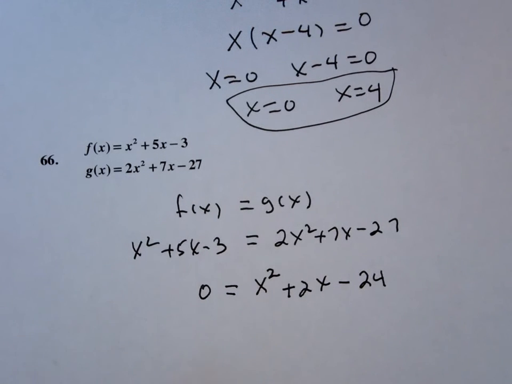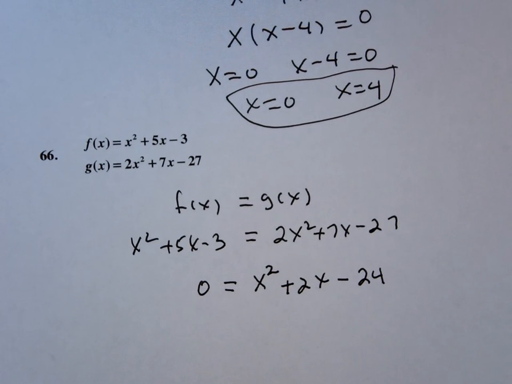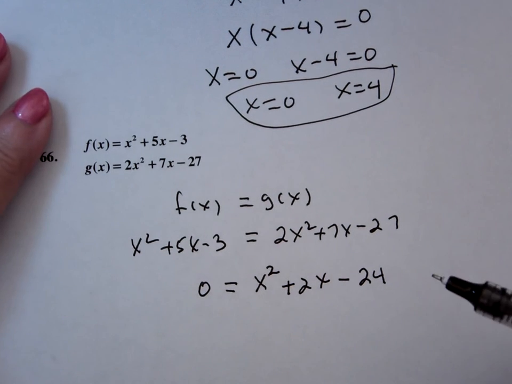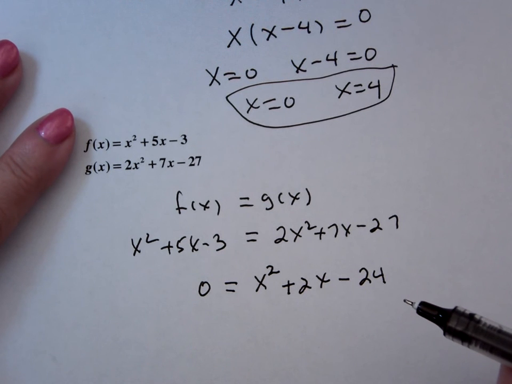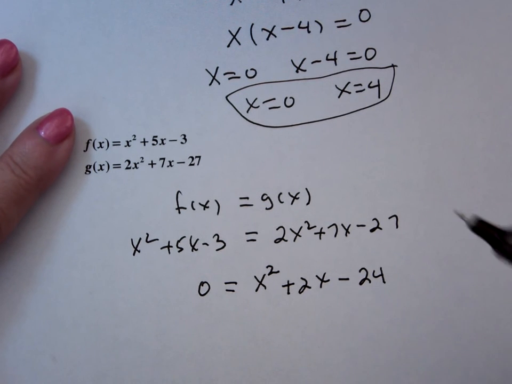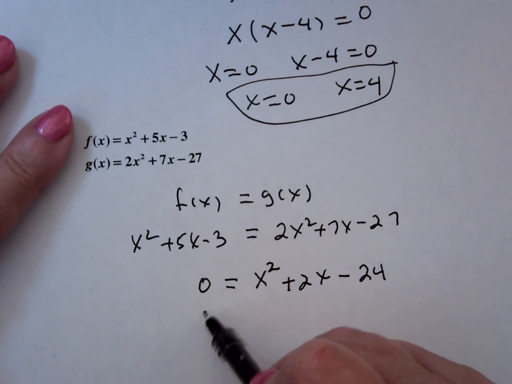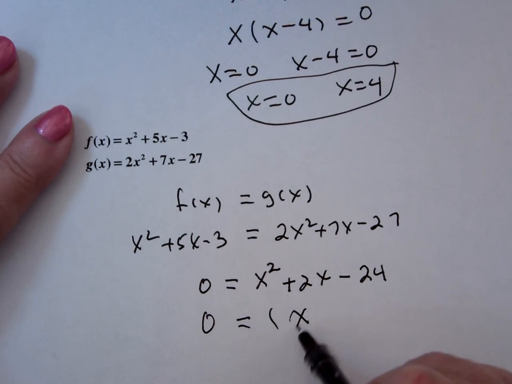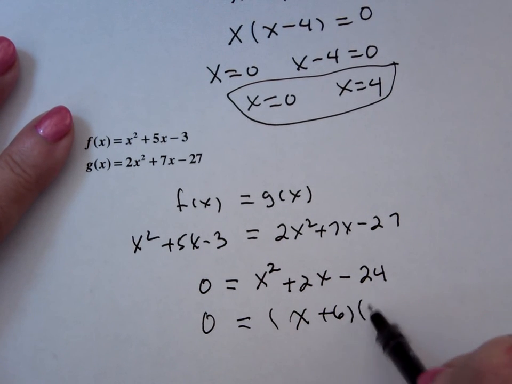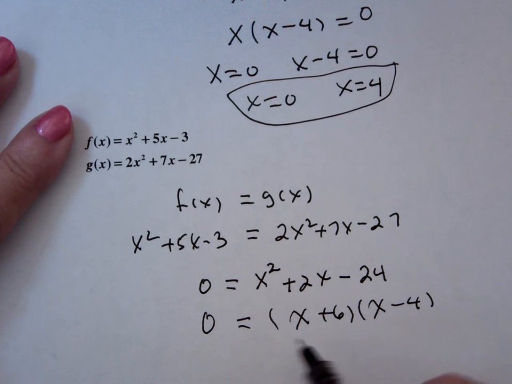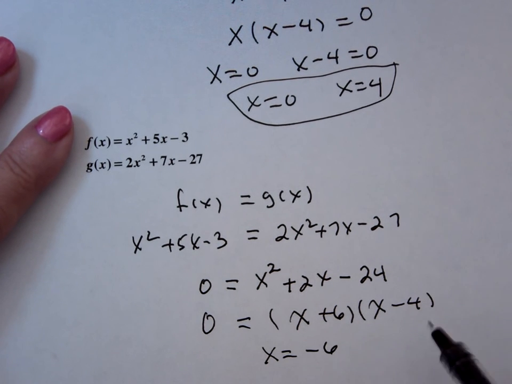Woohoo! It factors, yay! Otherwise, what would I have to do? Use the quadratic formula, complete the square, but it does factor. So 0 is equal to x plus 6, x minus 4, or x is negative 6, x is positive 4.